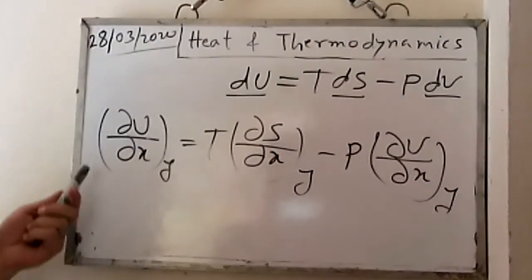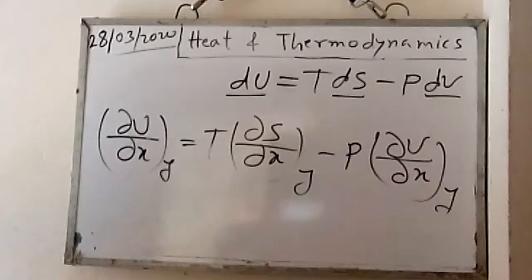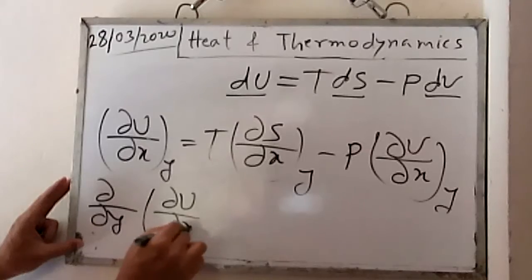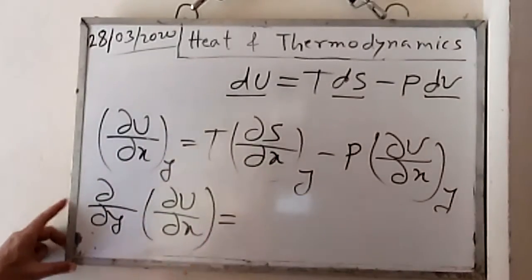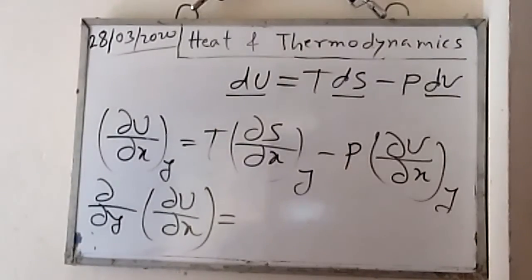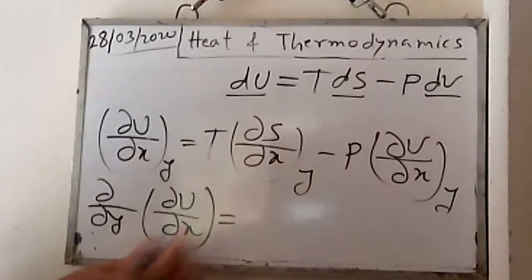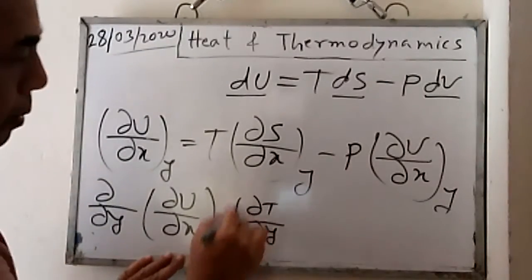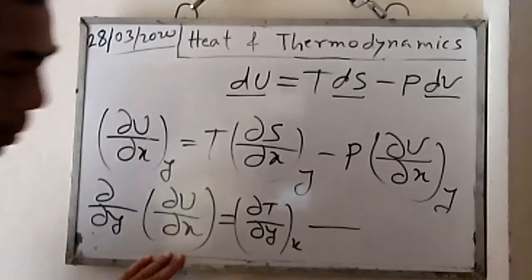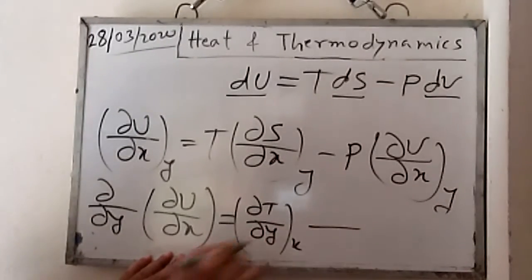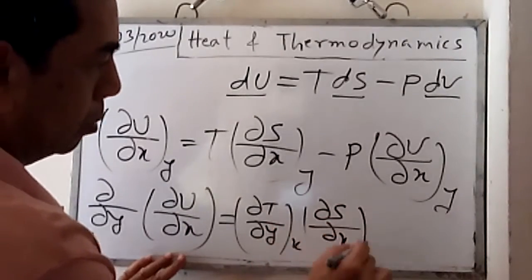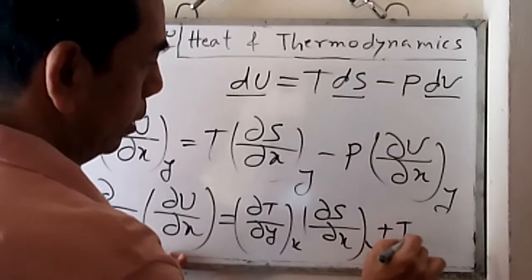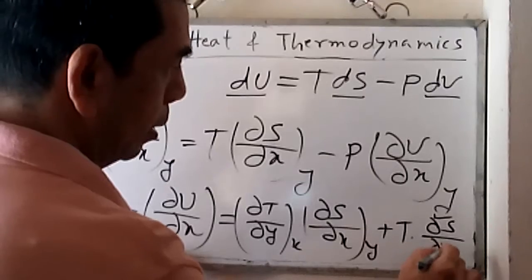Now if we differentiate this equation with respect to y, that is del by del y of del U by del x, this is the left hand side, and the right hand side is del T by del y at constant x times del S by del x at constant y, plus T into del square S by del y del x.